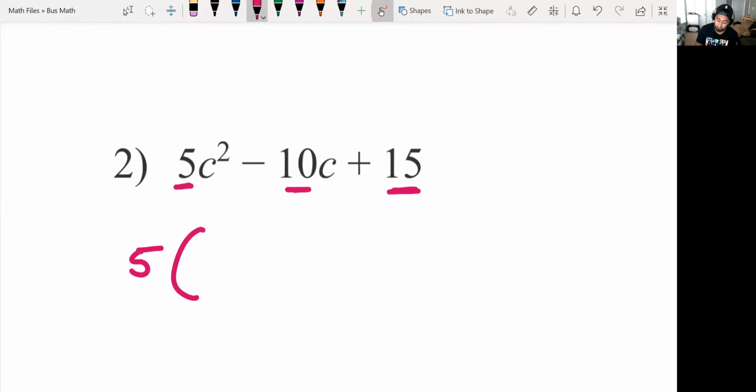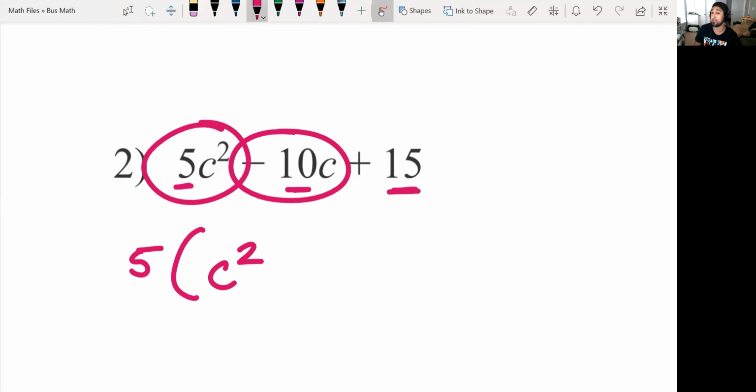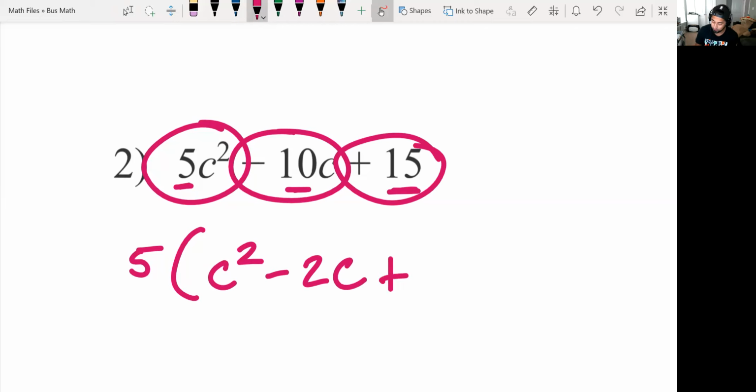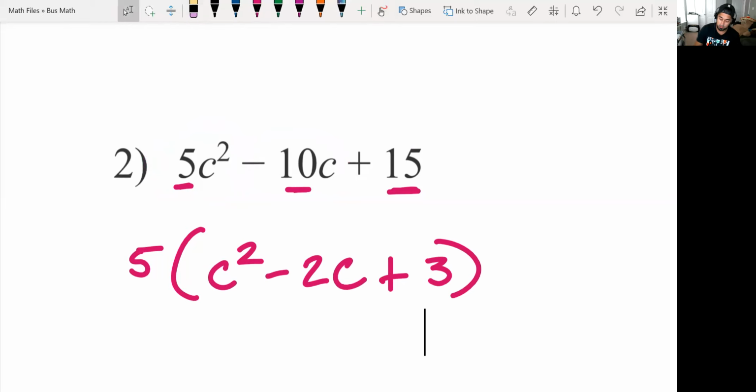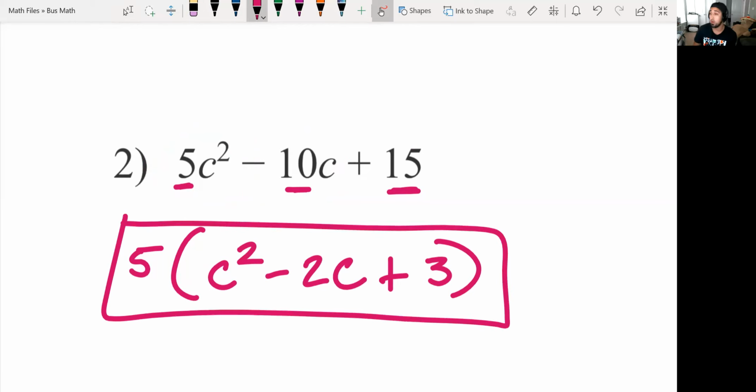Now 5 from 5c squared leaves me with c squared. 5 from negative 10c leaves me with negative 2c. And 5 from 15 leaves me with 3. And that's it. 5 was the greatest common factor, and we can't take anything else out.